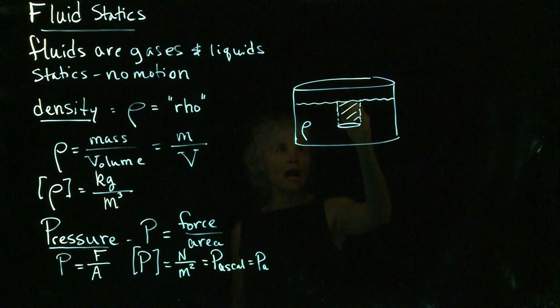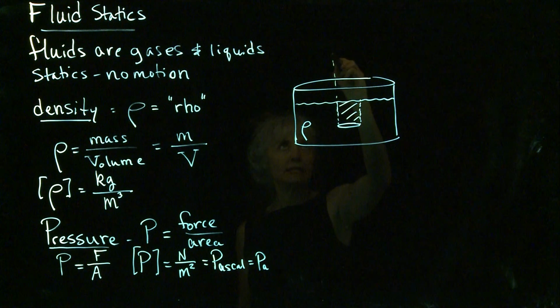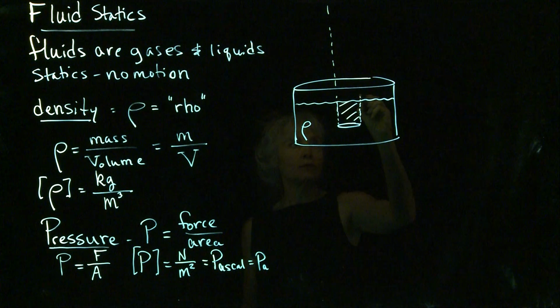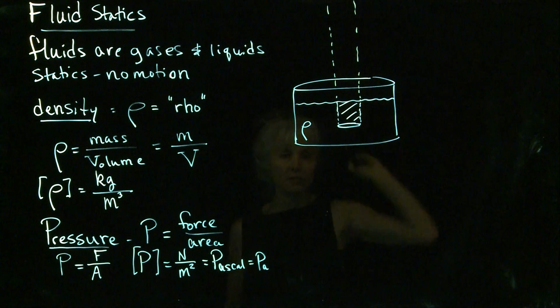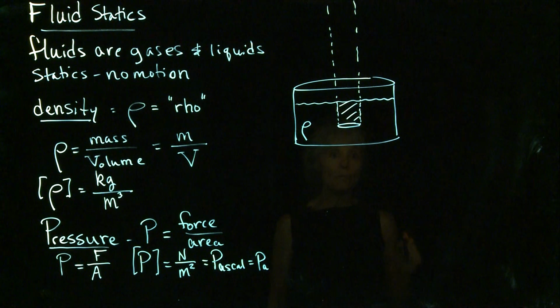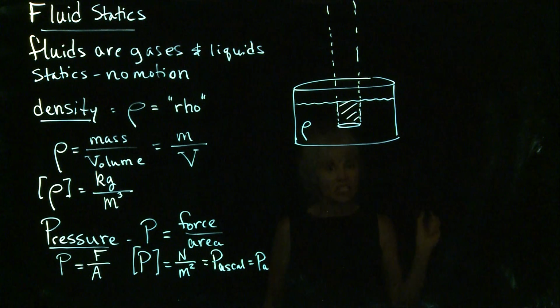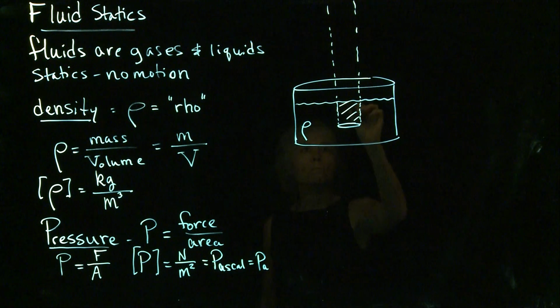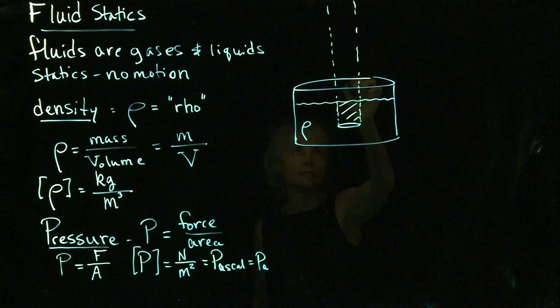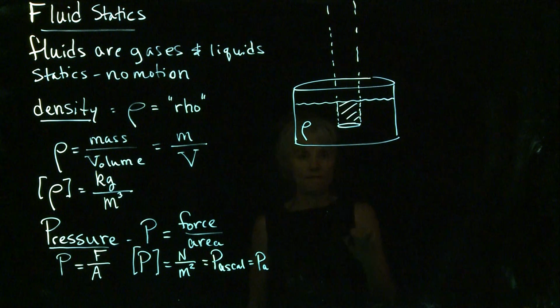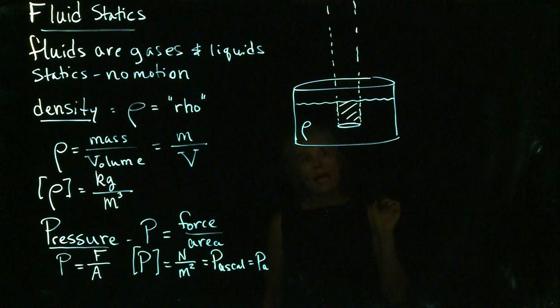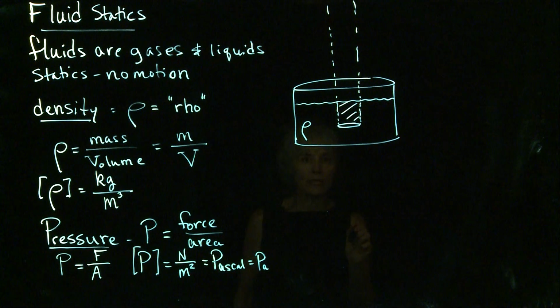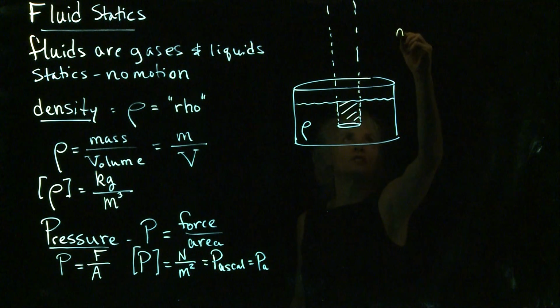In addition, I could extend this column all the way up to the top of the atmosphere because there is additional fluid above this liquid that is in this vat. So we have two different pressures here that we need to think about. One is called atmospheric pressure.